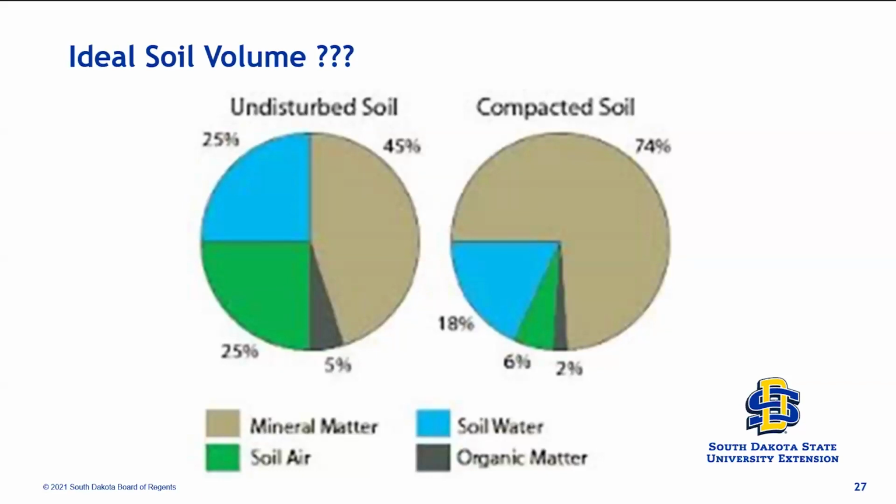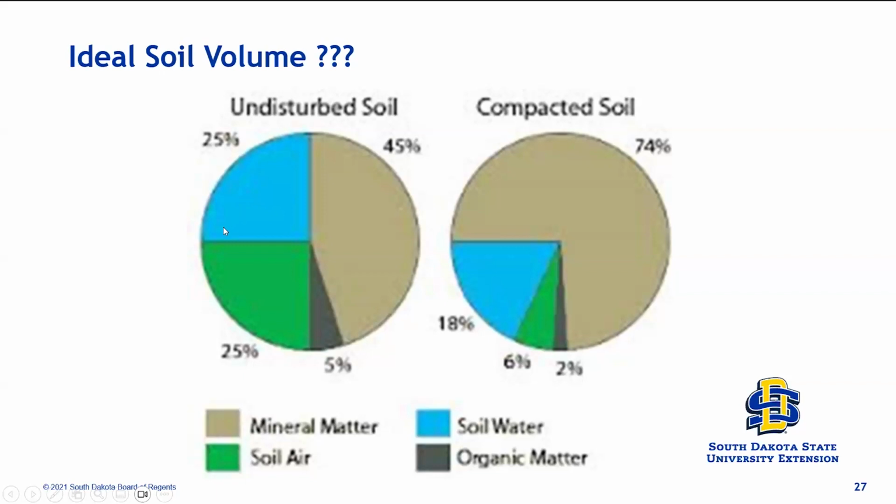So let's talk about ideal soil volume a little bit. Here on the left, we have an undisturbed soil. We see that roughly half of it is solids there on the right half. And on the left half, we'd like to see half of it as air and half of it as water.